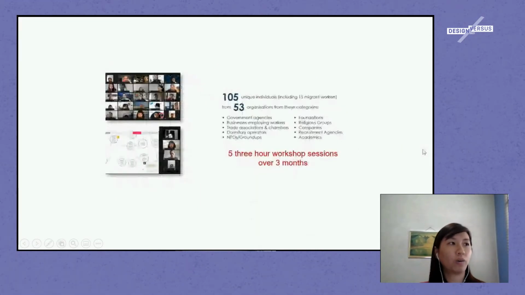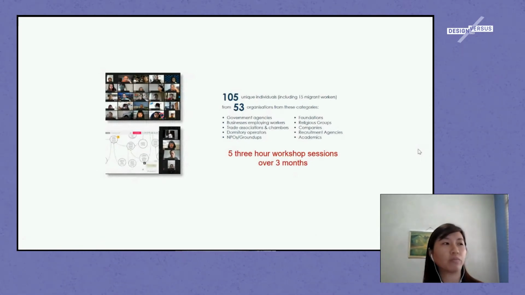So it was a series of 5 3-hour workshop sessions over 3 months. We had 105 unique individuals, including 15 migrant workers, from 53 organizations and different categories of organization.